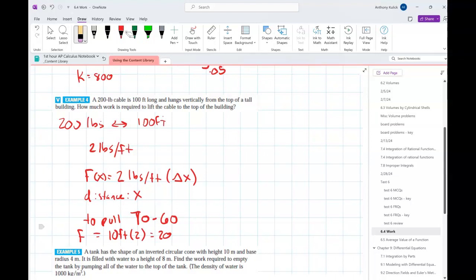Force times distance. Why am I not worried about gravity here? Why haven't I like included a gravity? Physics people? What's the unit? Pounds. What's the difference between pounds and kilograms as a unit?